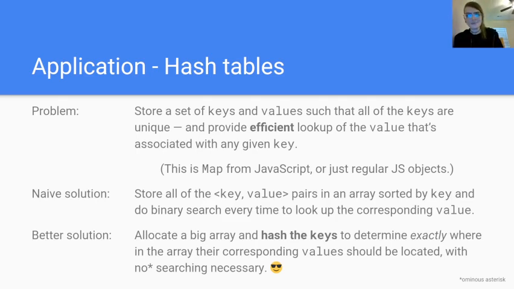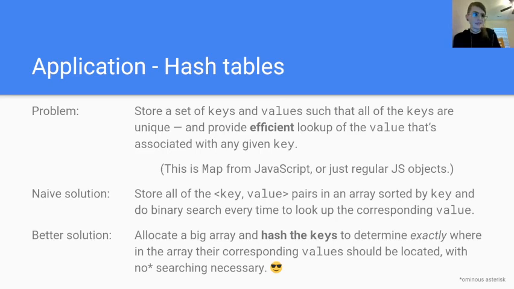All right. So here's our problem that we're going to solve with hash tables. We have a set of keys and values, so basically key value pairs, such that all the keys are unique. And we want to store this and also provide efficient lookup of the value that's associated with any key.